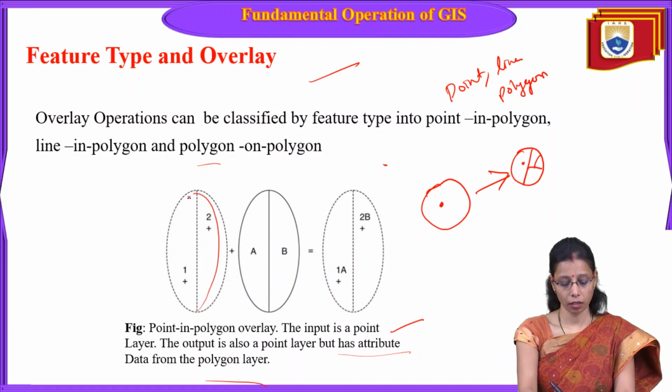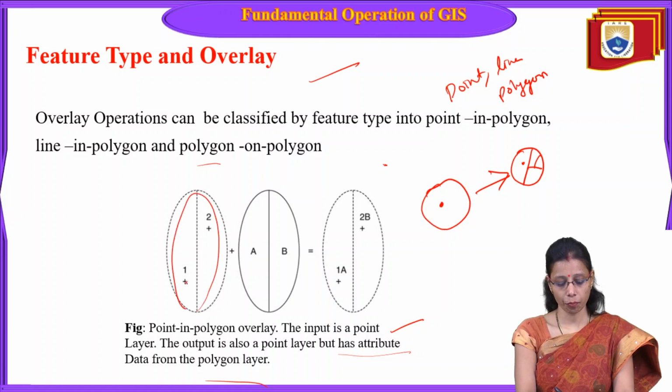Suppose this is our layer, right? Here we have points, point 1, point 2, plus A and B, this is a polygon, and this is a point. Okay, this is a point, this is a polygon, this is a point. So if you combine these two, what are you going to get? You are going to get a polygon.